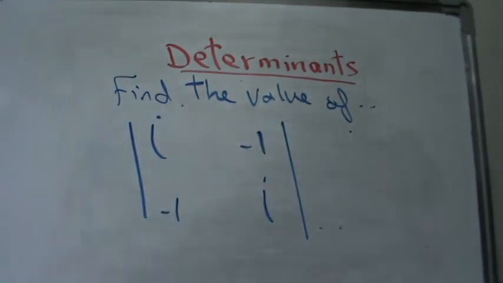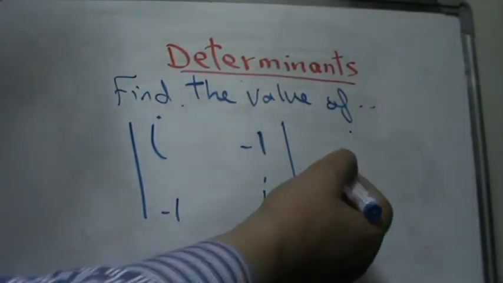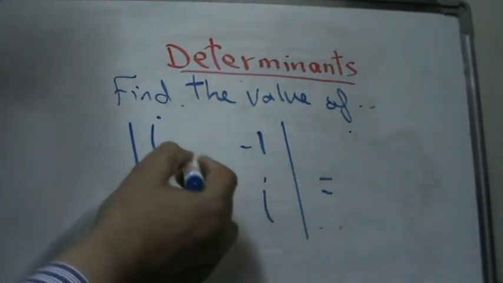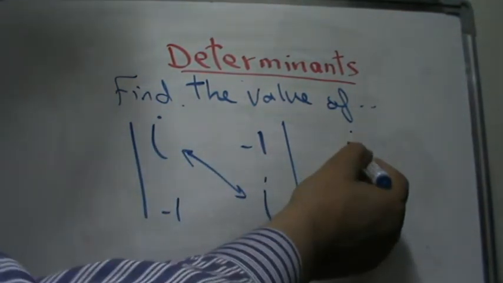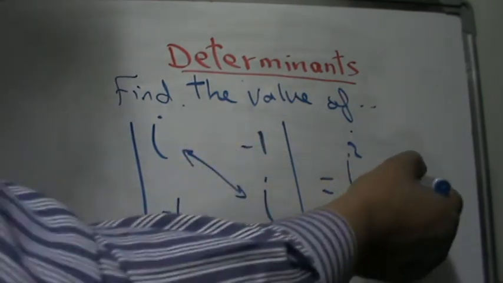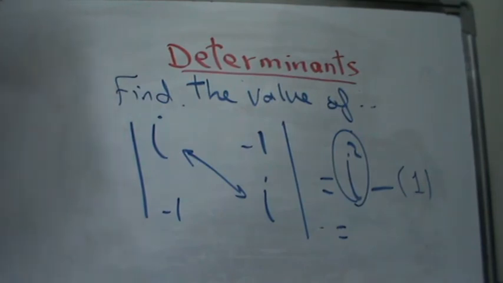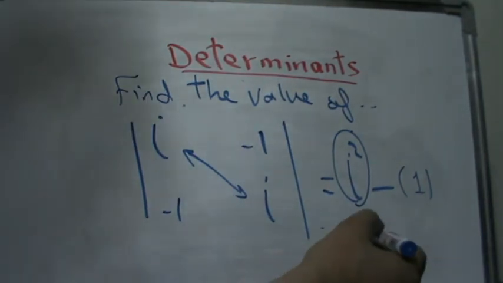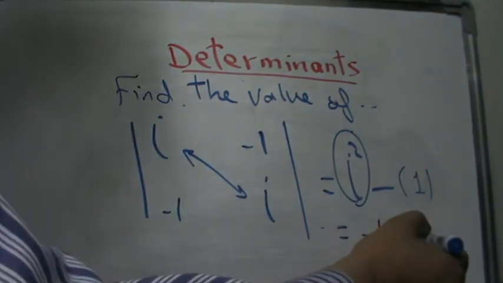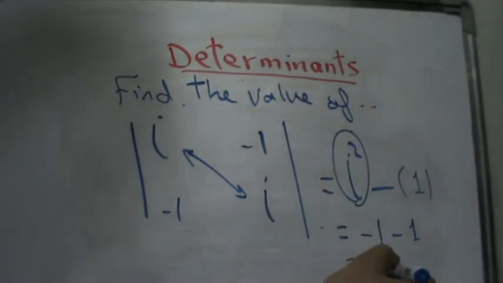And you know that i is the imaginary unit in complex numbers. Then i times i will be i squared, minus negative 1 times negative 1, it will be positive 1. But we know that i squared is negative 1. Then negative 1 minus 1 will be negative 2.